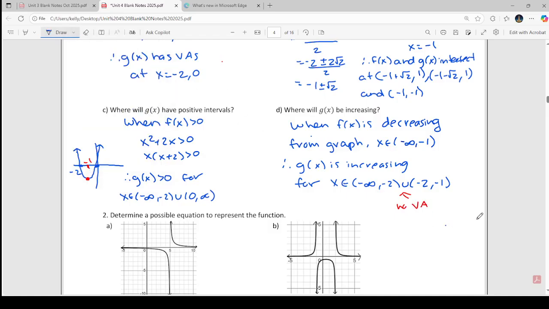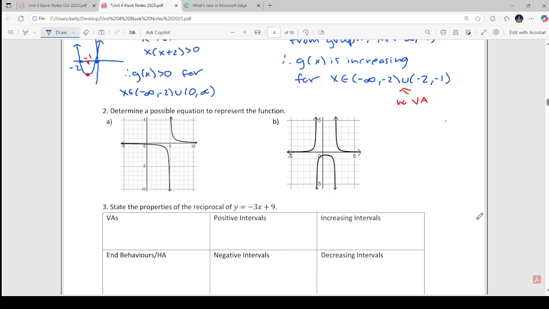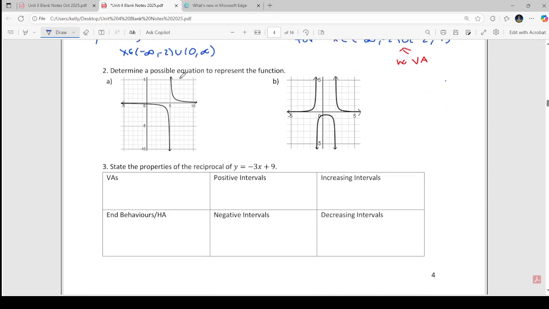Next question asks us to find a possible equation to represent the functions. Note the two key properties: there's a VA at 5 and an HA at 0. When you have a horizontal asymptote at 0, for now, based on what we know, this means a reciprocal function, so 1 over something.